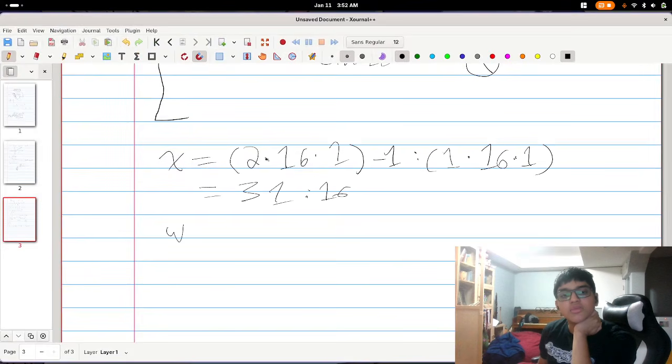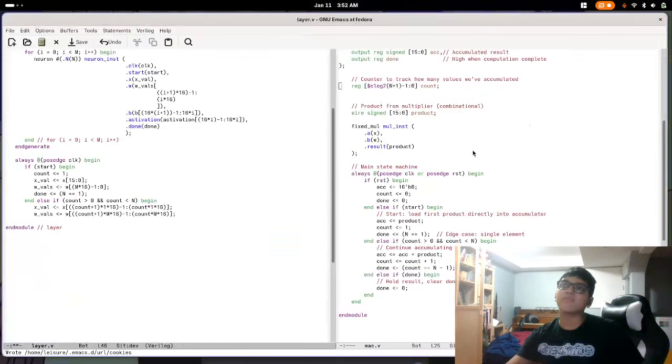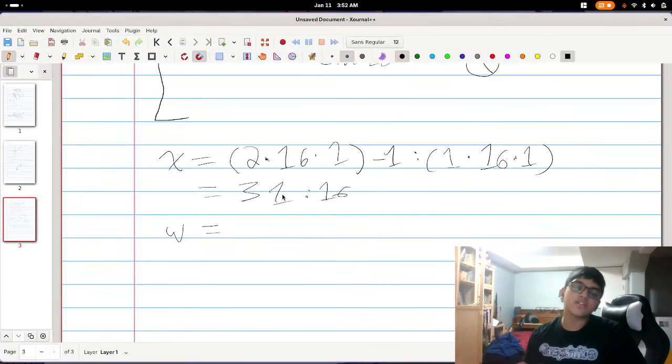And the weight, on the other hand, should be m times 16 bits. Let me just say count is equal to 1.